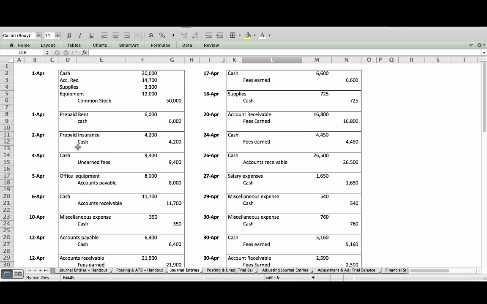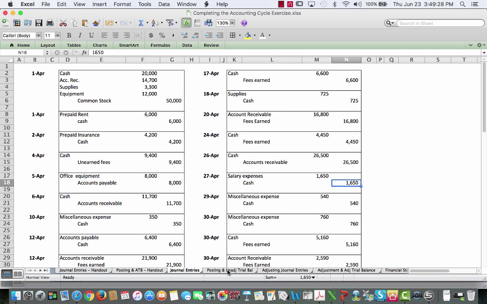If you look at this transaction on the second, it looks like the company paid $4,200 for prepaid insurance. On the 5th, the company purchased office equipment on account. If we jump over here to the 27th, it shows that the company paid a salary expense of $1,650 and they paid cash. So these are examples of the journal entries that we discussed in class.